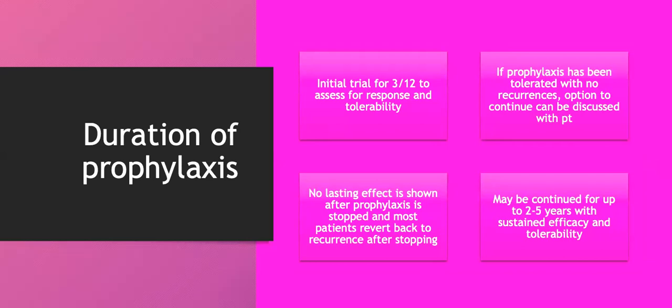Obviously, the patient needs to be aware of adverse events linked to all the antimicrobials before proceeding after the 3 months. There's no lasting effect that has been shown after prophylaxis has been stopped, and patients need to know this. And most of these patients, even after the 3 months, will then revert back to recurrence after stopping.